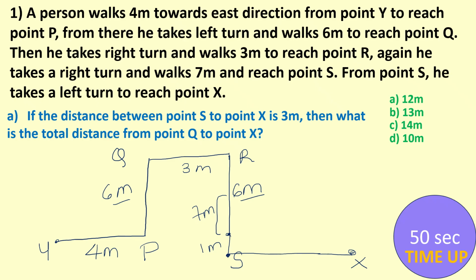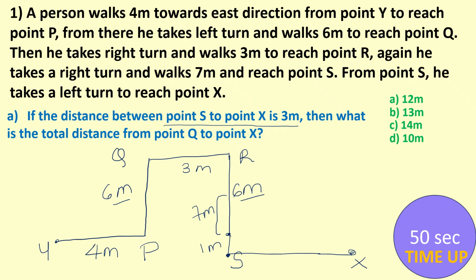Now, the first question they have asked: if the distance between point S and point X is 3 meters. So whatever they have mentioned, that point S to point X is 3 meters, it is for this question only.